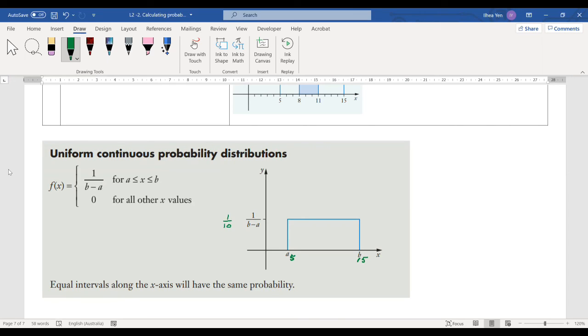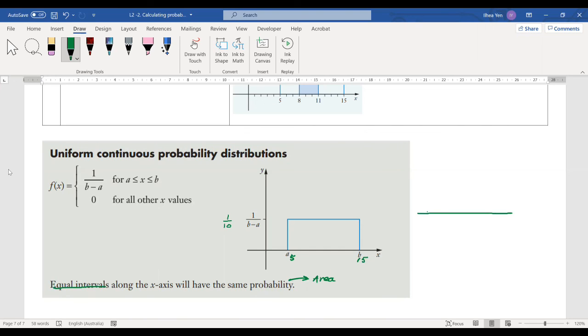Now, what does this mean? Equal intervals along the x-axis will have the same probability, which means the same area. When they're talking about probability here, we're talking about area. So what does that mean, equal intervals along the x-axis?